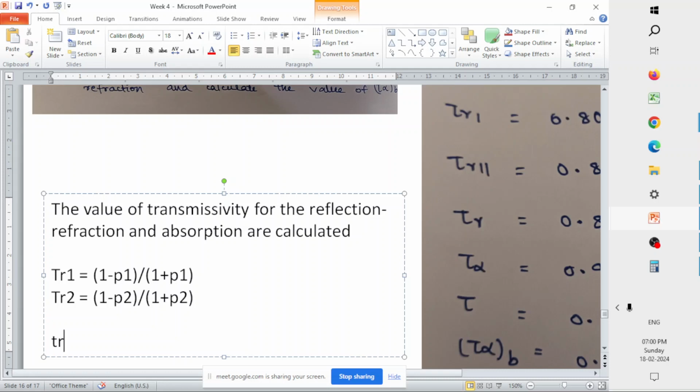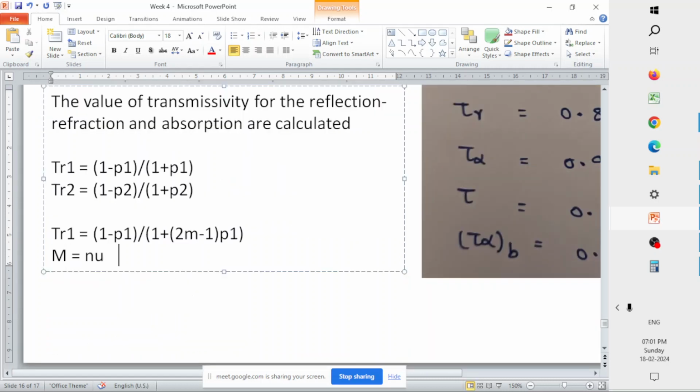So the general formula is tau r1 is equal to 1 minus rho 1 divided by 1 plus (2m minus 1) times rho 1. Your m is the number of glass covers. In the previous problem we had a total of 2 glass covers, so your m value was 2. So 2 into 2 is 4, and minus 1 was 3.